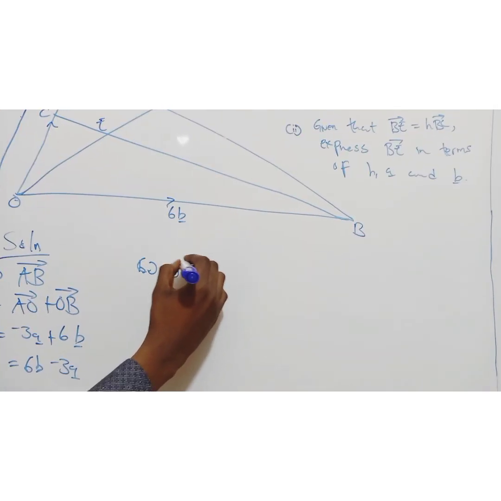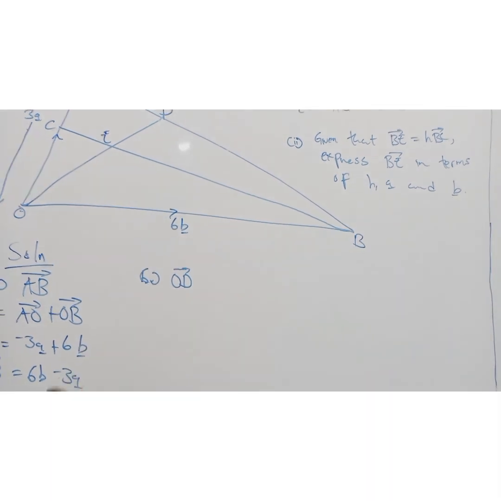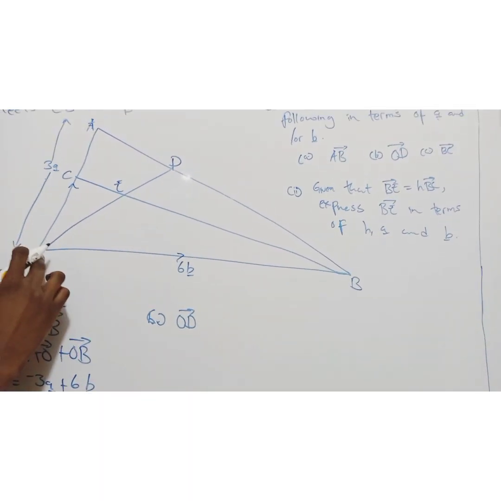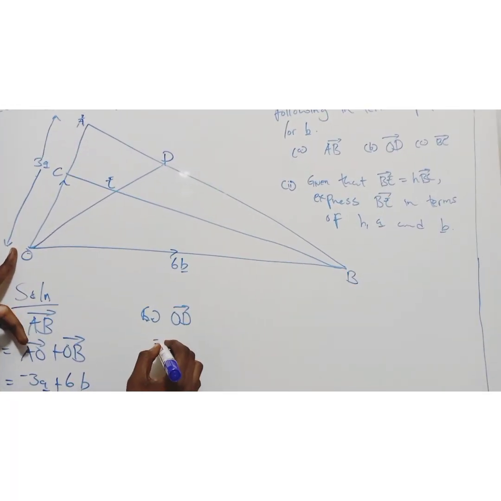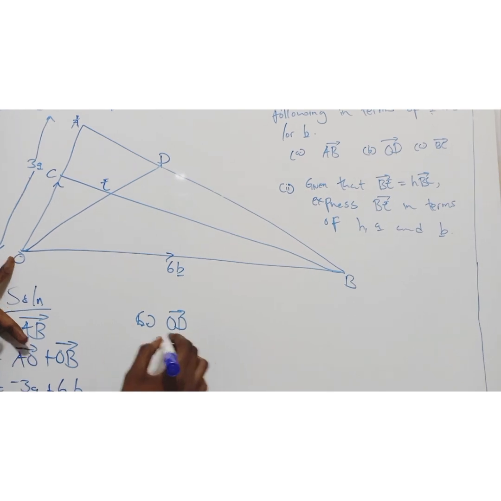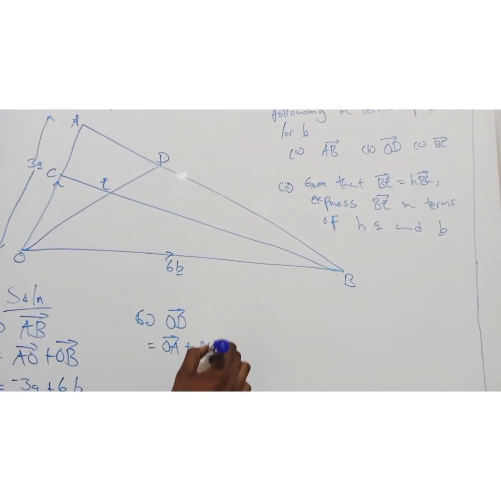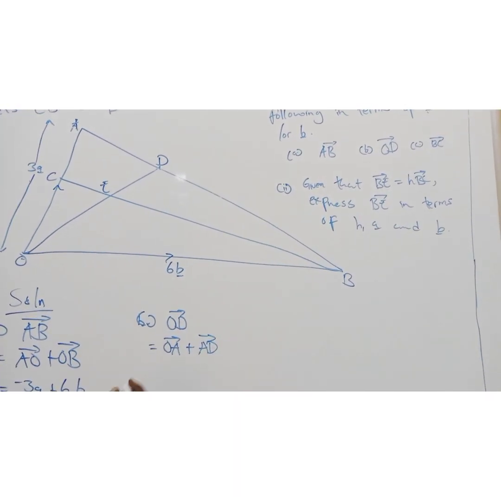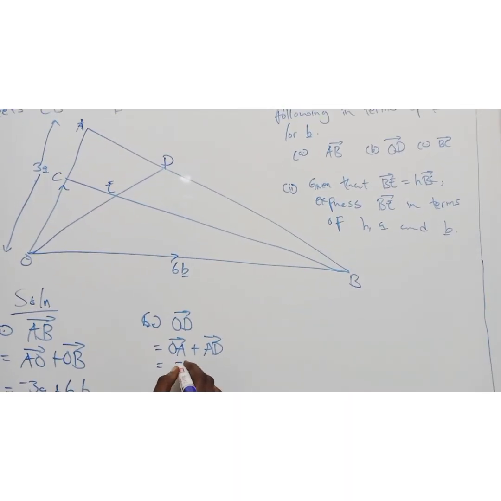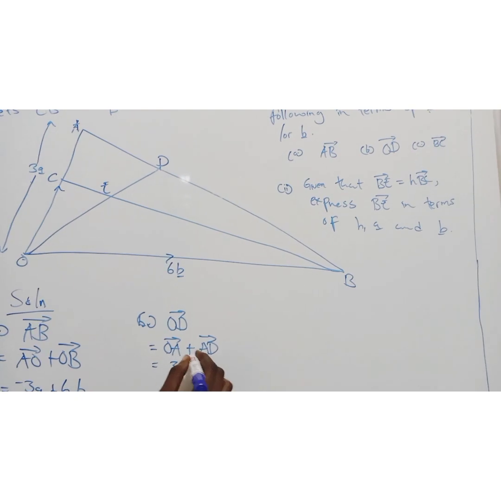So OD, vector OD. So how do we move to OD? We have OA plus AD. Yeah, because that's the logical way. So OA, what is OA? It's 3A plus AD.